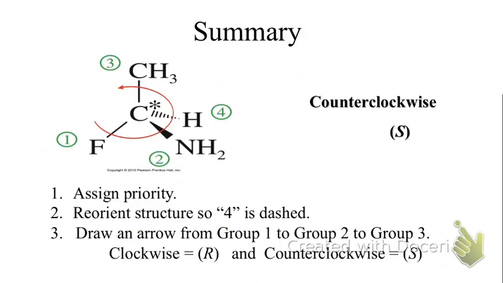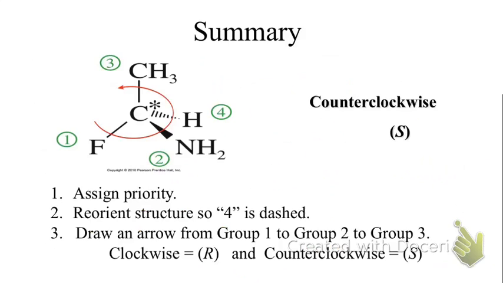Last thing we can go through and do, or kind of summarize everything, assign your priorities. Once you've identified you have that chiral center, reorient the structure so that number 4 is dashed or aimed away from you. Be careful with that too, because 4 may not always be a hydrogen atom.